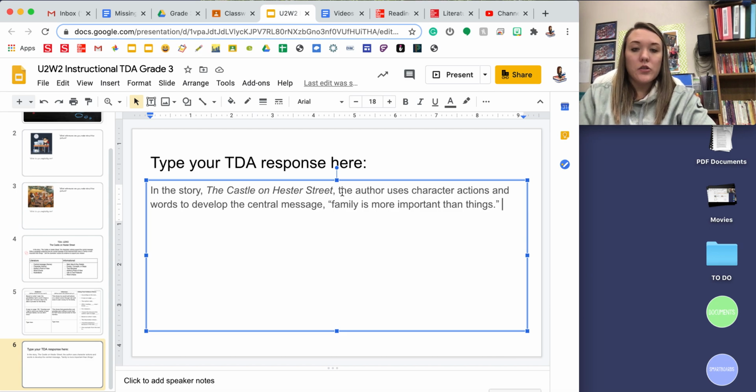So for this introduction sentence, I included the story title, I included the elements, so I have character actions and words, I have central message, and I wrote what the central message is.